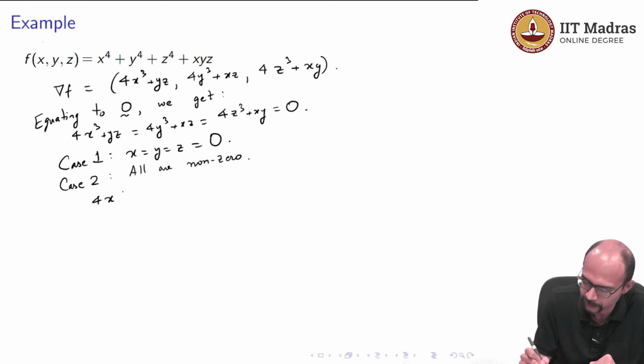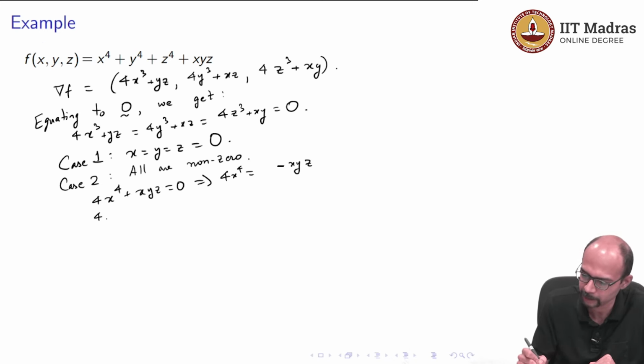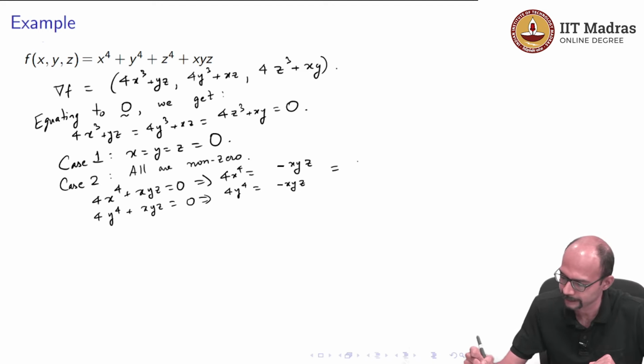The first equation we can multiply by x, and we get 4x to the power 4 plus xyz is 0, which means 4x to the power 4 is minus xyz. I can do the same thing for the second equation by multiplying it by y, and I get 4y to the power 4 plus xyz is 0, which says that 4y to the power 4 is minus xyz, and by symmetry we will also get that this is 4z to the power 4.